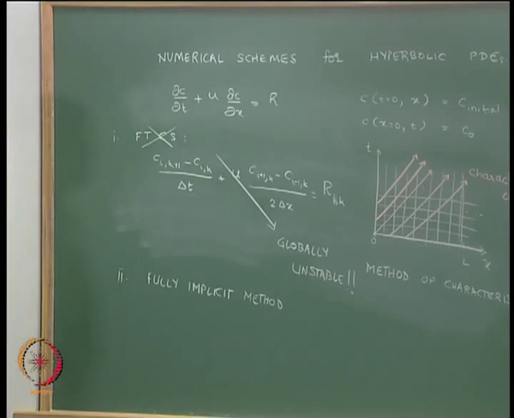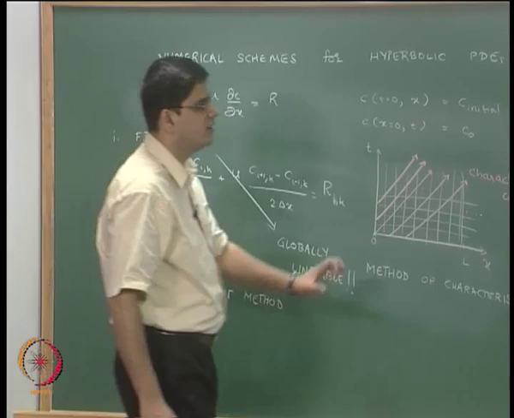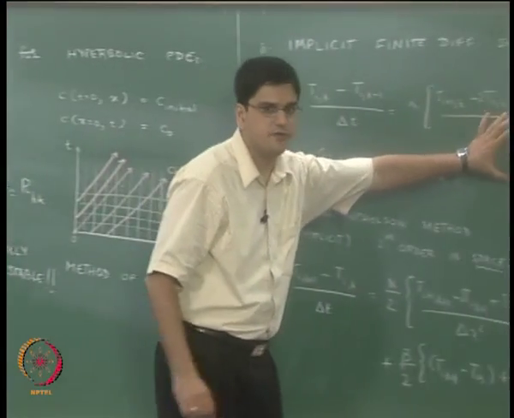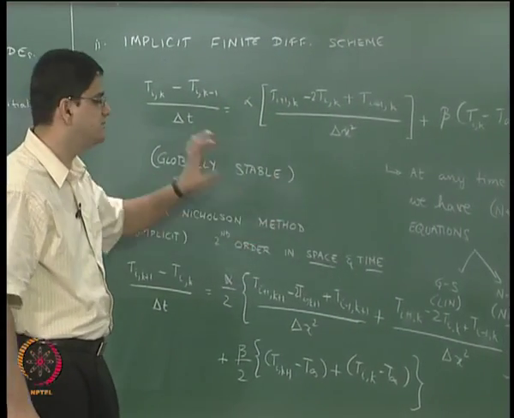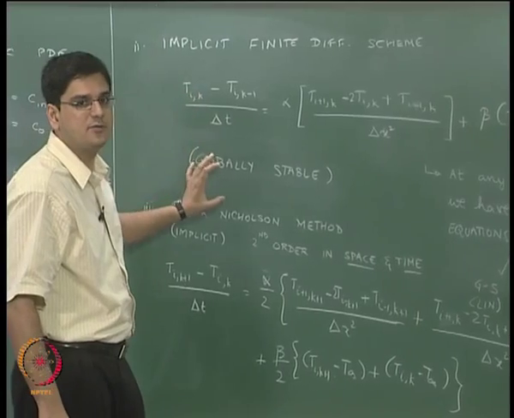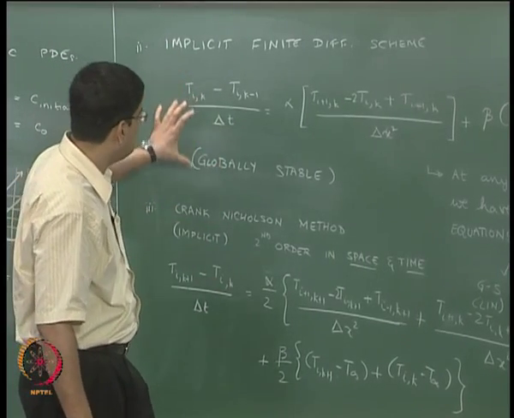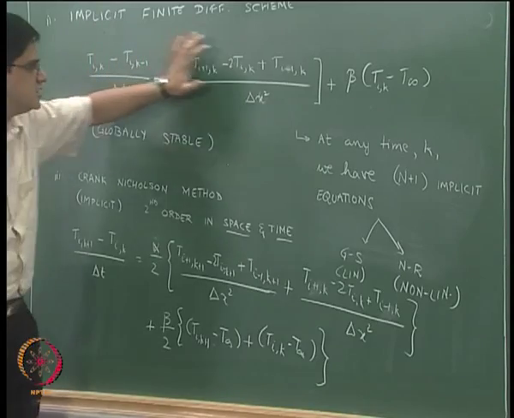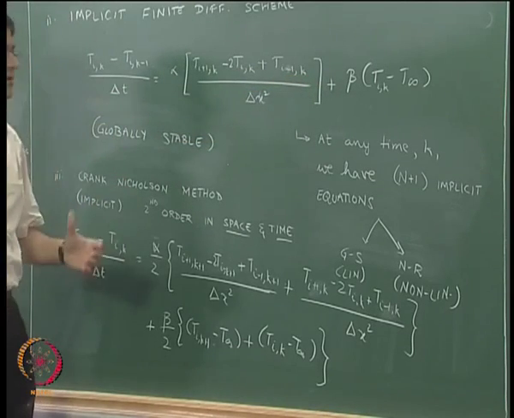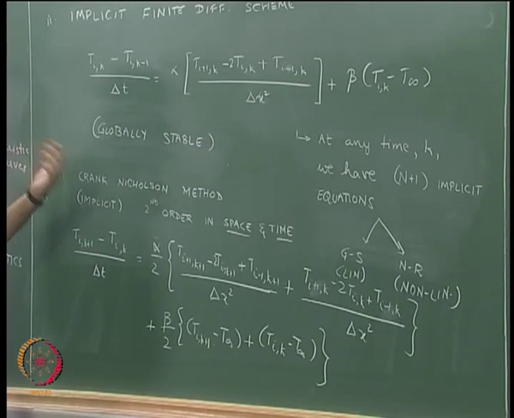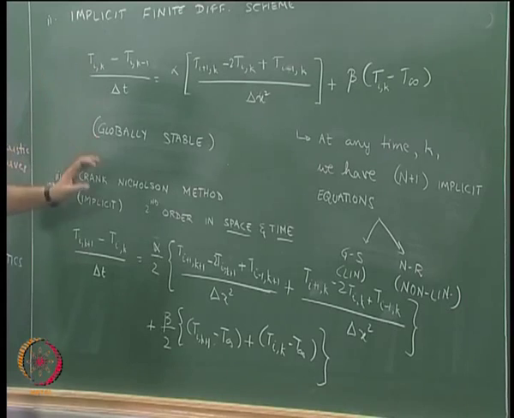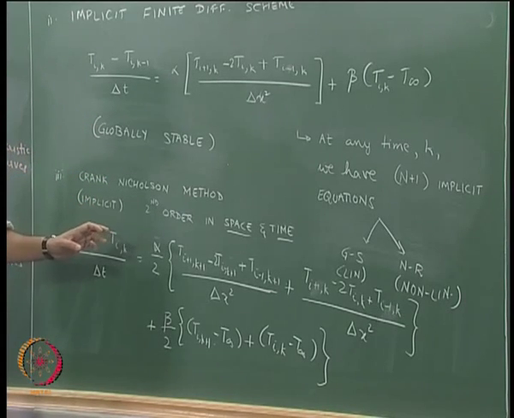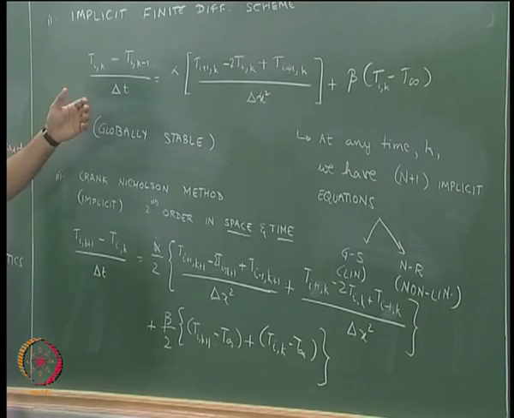In the fully implicit method, exactly in the way we solved it earlier, we are going to get a globally stable method again for hyperbolic PDEs. So for hyperbolic PDE, we will be able to use the same type of discretization technique, appropriately modified for our new PDE, and the resulting solution is going to be globally stable.